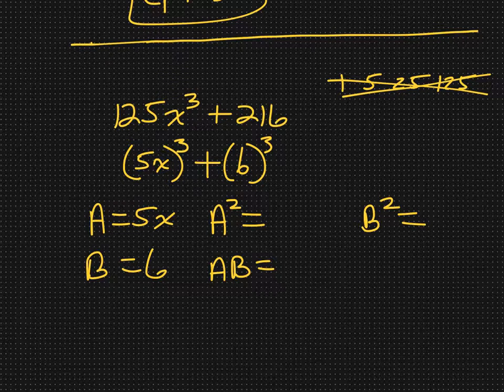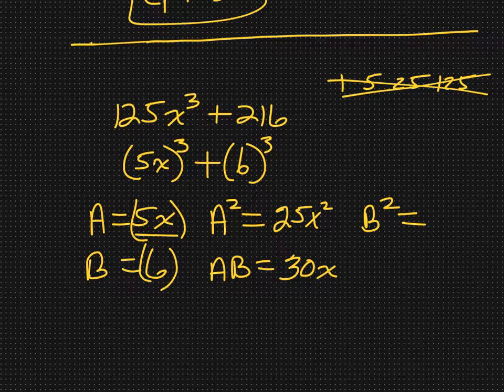A squared would be a times a, or 5x times 5x, which would be 25x squared. AB would be a times b, or 5x times 6, which would be 30x. B squared would be 6 times 6, or 36.